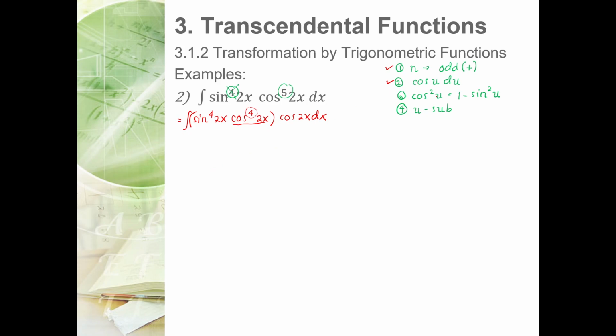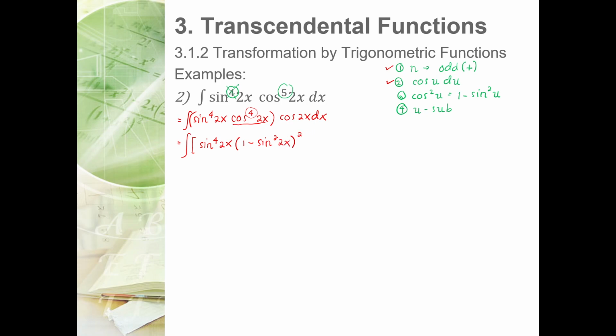Or you can replace this with 1 minus sine squared u, but squared, to get the same degree of fourth power. So replacing, we have sine to the power of 4 of 2x, then (1 minus sine squared 2x) squared.